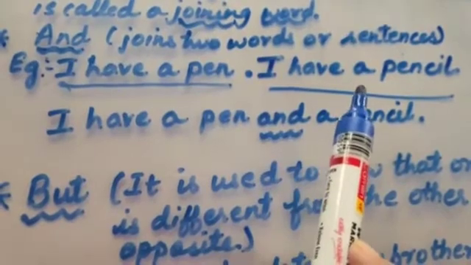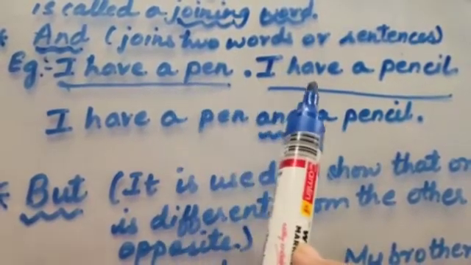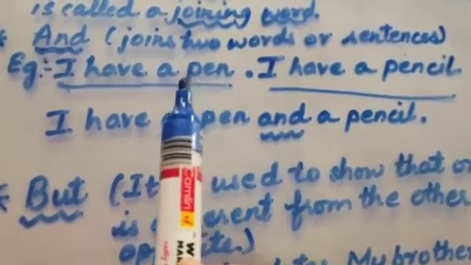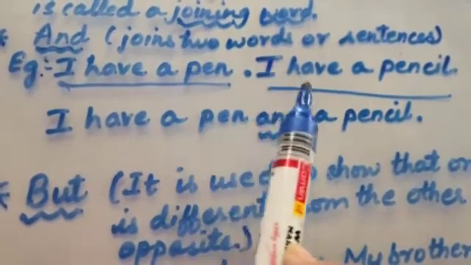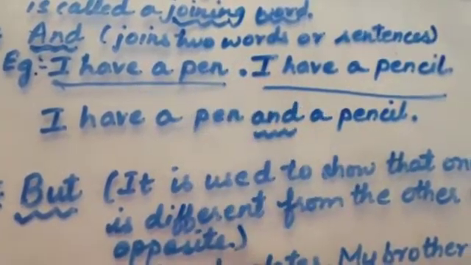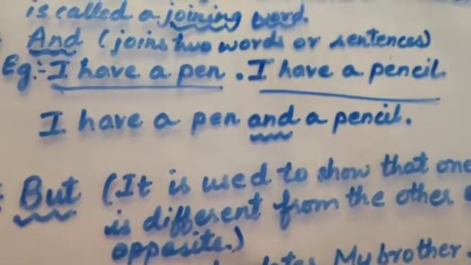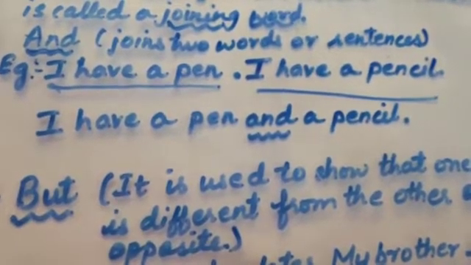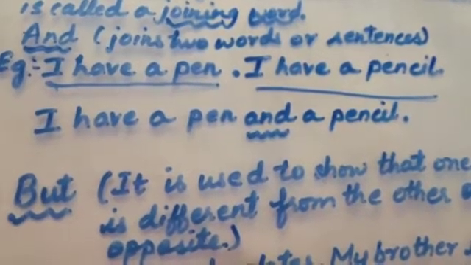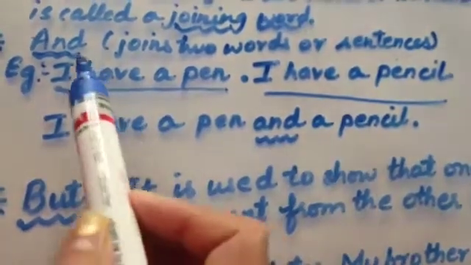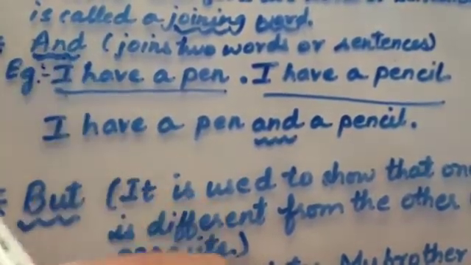So instead of making two sentences, we can join these two sentences and make one sentence, by using the joining word and.